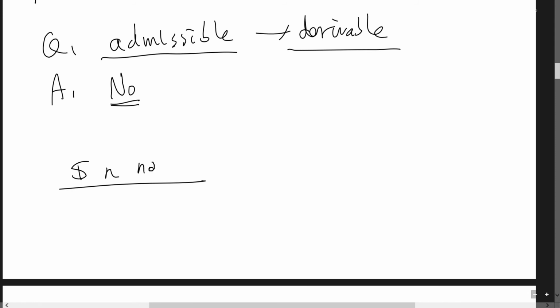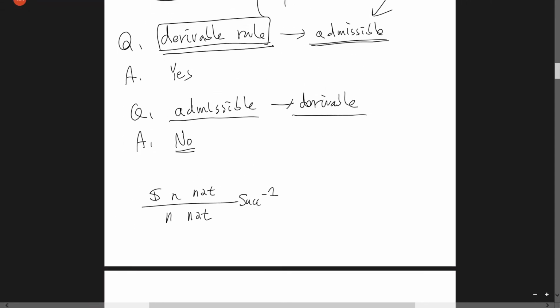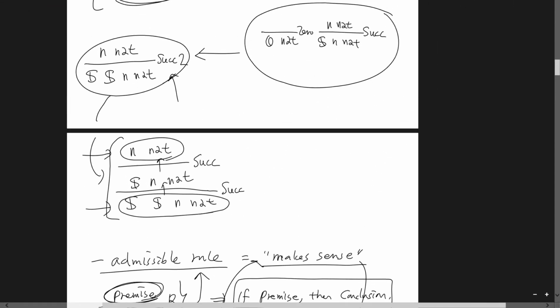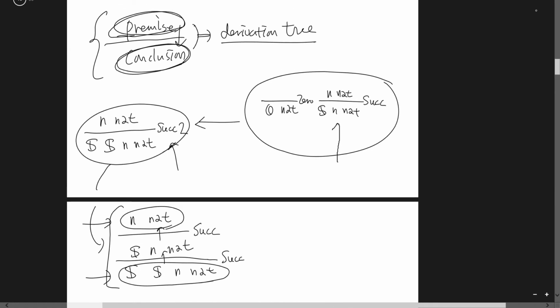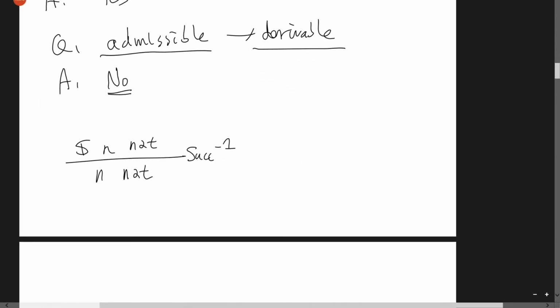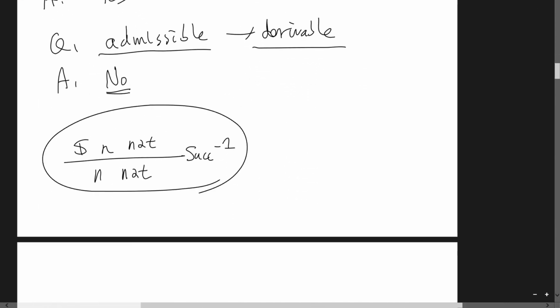Successor n nat is the premise, and the conclusion is n nat. Let's call this successor inverse. So this is basically the opposite of the inference rule successor in the original system. We inverted the premise and conclusion, and we obtain this successor inverse rule.